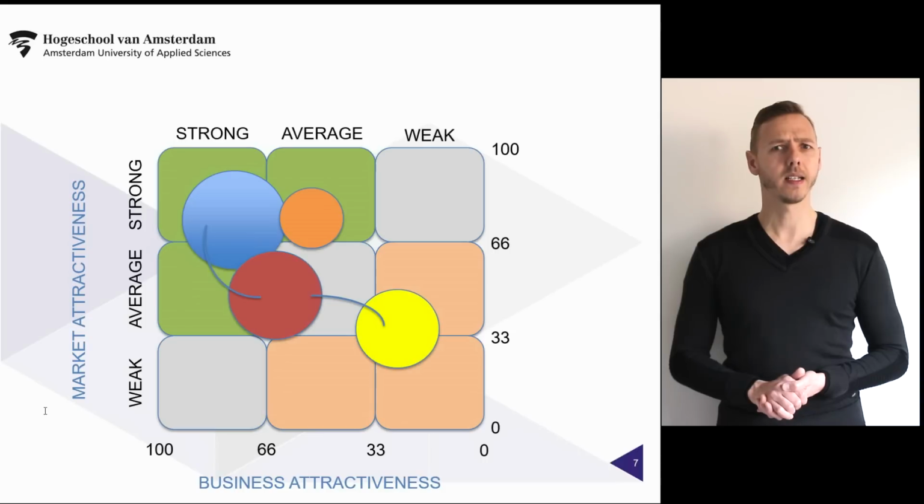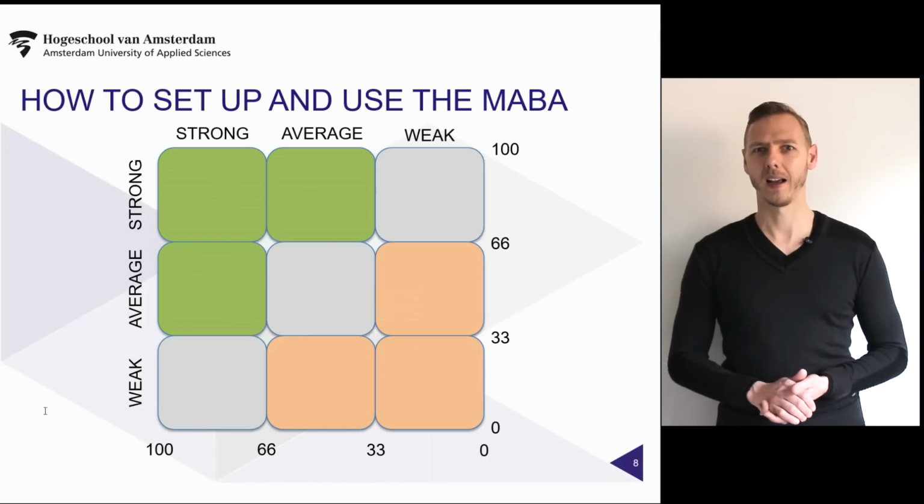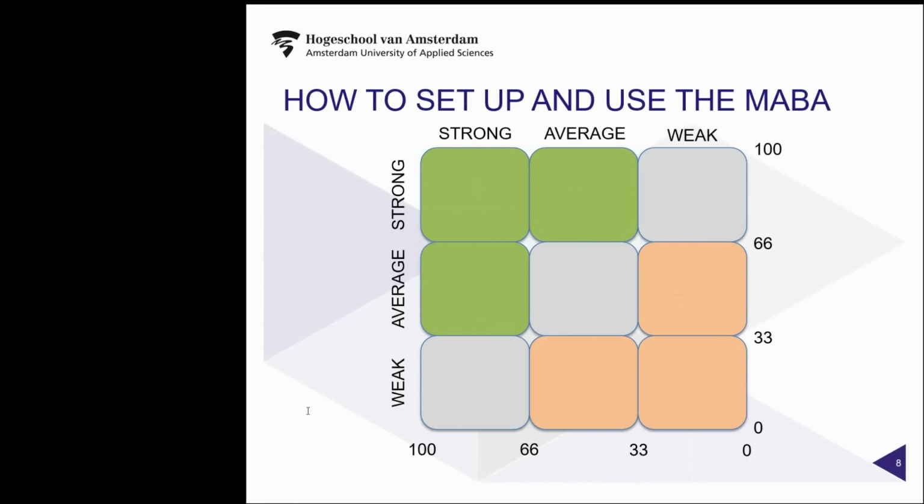So a more detailed investigation needs to be done before you make investment decisions. Again, this is only a tool, and making this model is not a goal on its own.